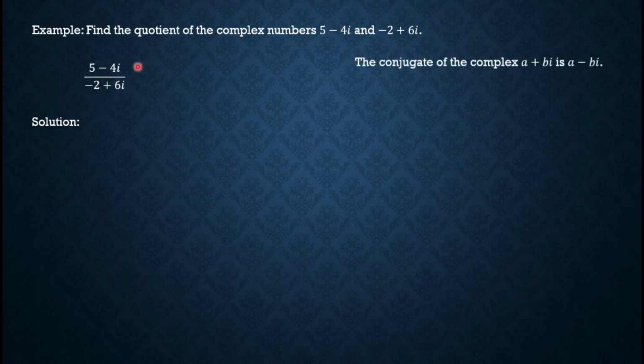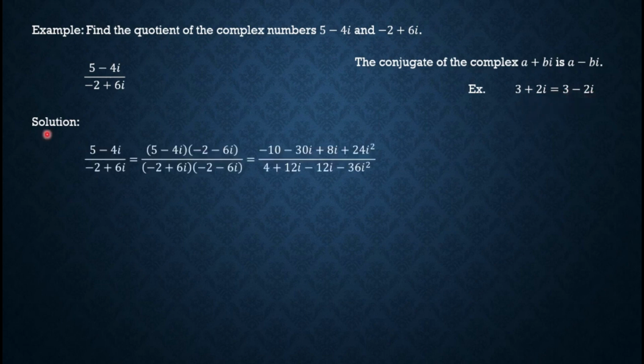Next. The conjugate of the complex number a plus bi is a minus bi. For example, the conjugate of 3 plus 2i is 3 minus 2i.